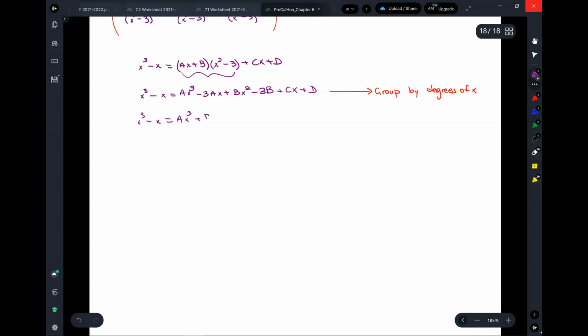So plus bx squared, and then minus 3ax plus cx minus 3b plus d. Right, so I have done no math here. I just rearranged.